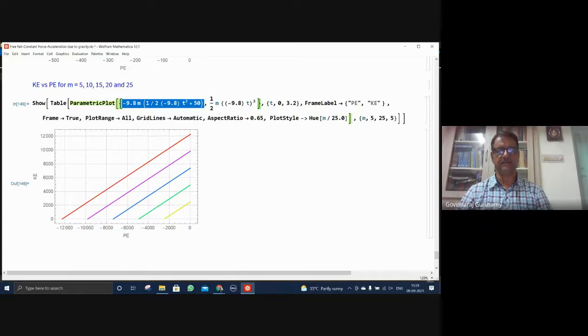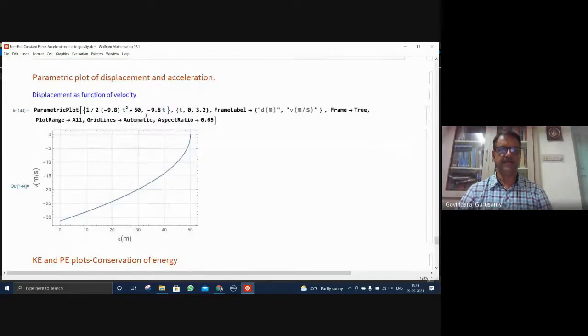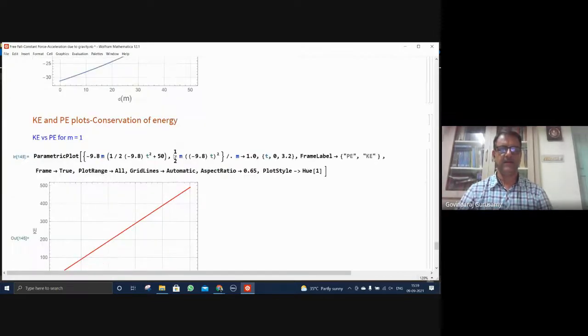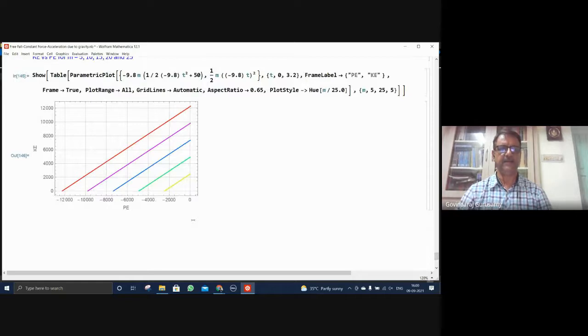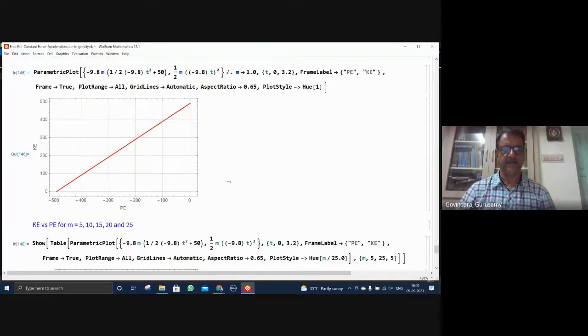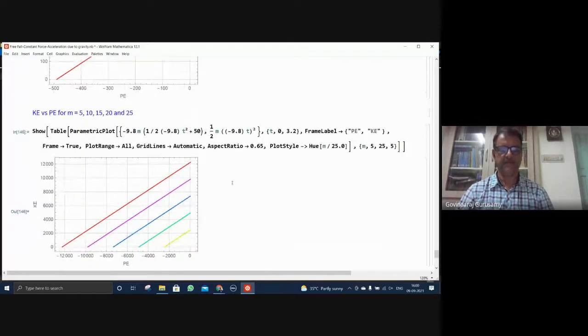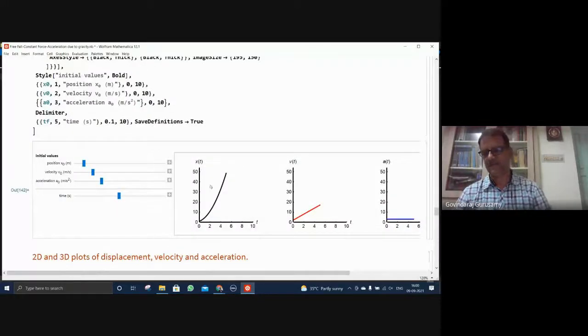Later on we are going to use the path that has been taken by this object when it is making a free fall, and link them in terms of energies to understand what is happening during the energy transformations, if you drop different masses. What is going to happen, that we would like to understand. We'll see them in the next class.